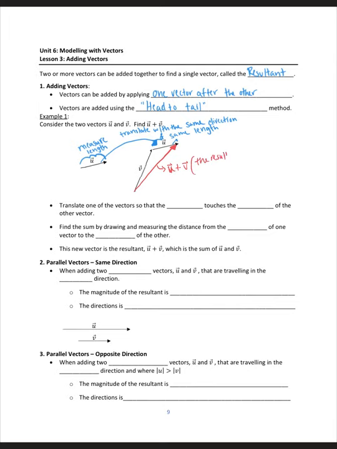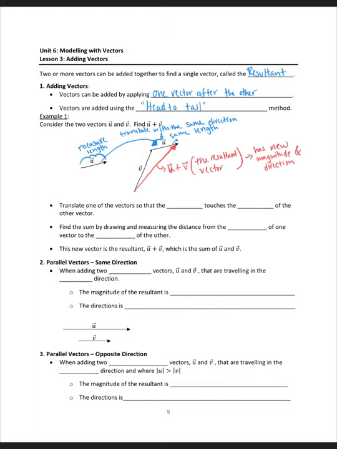So the resultant vector. Okay, and this resultant is going to have a new magnitude and direction. Because remember, all the vectors are made up of a magnitude and a direction.